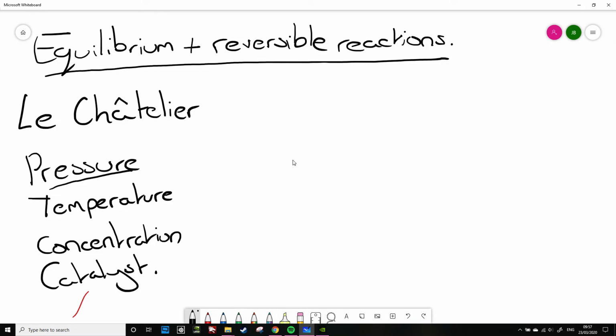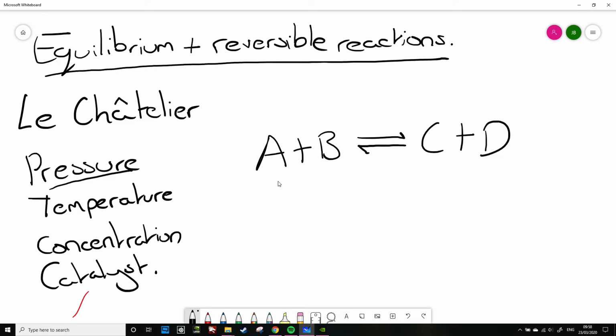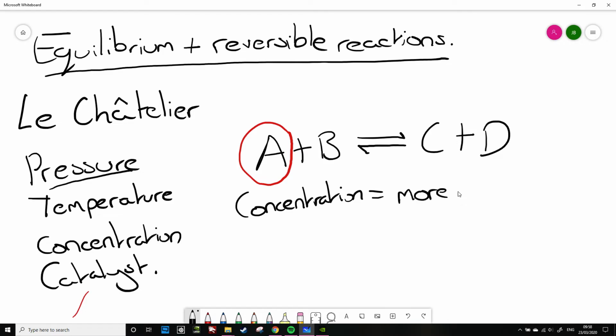So, with concentration, now this one's quite straightforward. Let's say we increase the concentration of A. What will happen is, as there are more particles, so concentration equals more particles per volume or area.